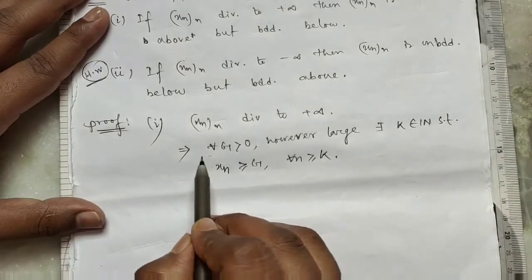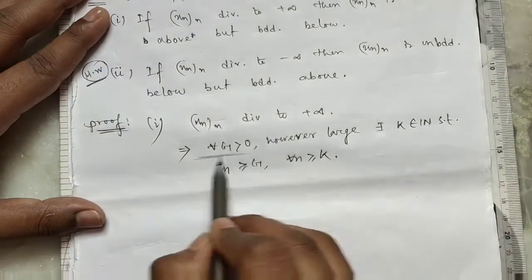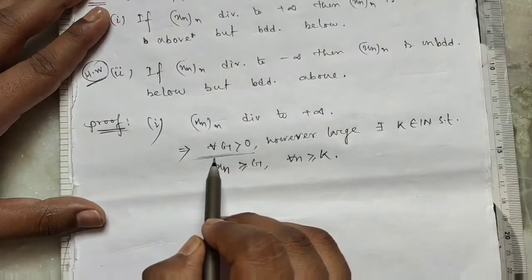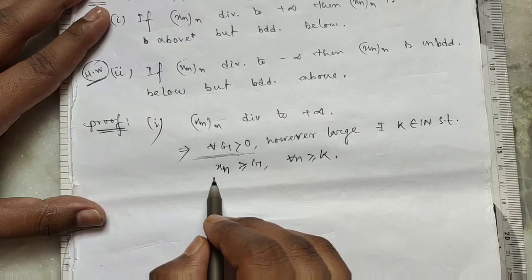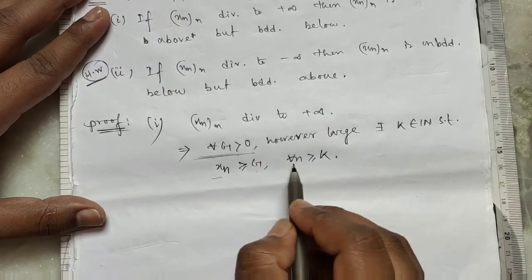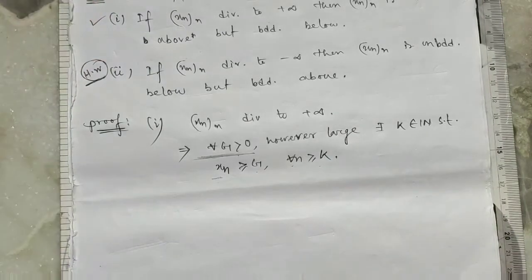So for every positive number g, xn is greater than or equal to g for all n greater than or equal to k.